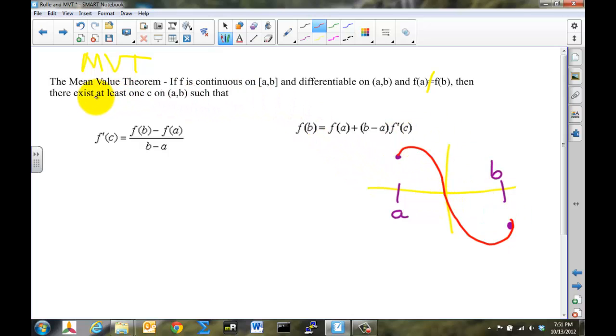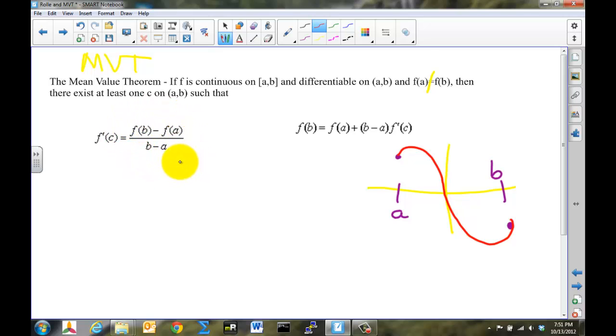Now what does the mean value theorem say? Well, let's look first at the right hand side here: F of B minus F of A over B minus A. If you look back at either week 3 or week 4 of the FRQs, you've had to use something like this.